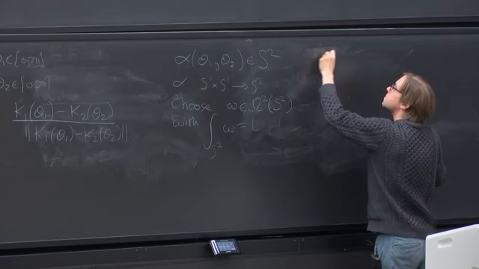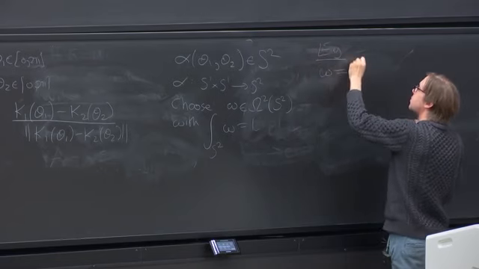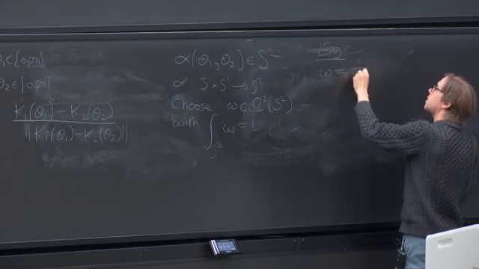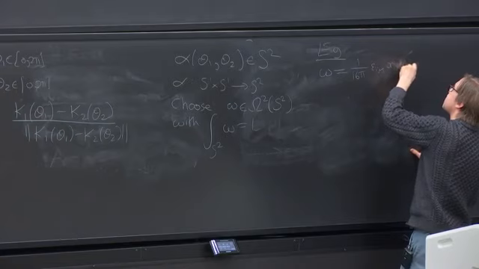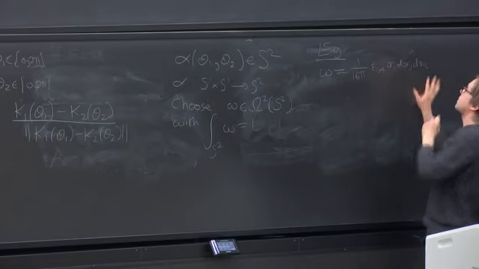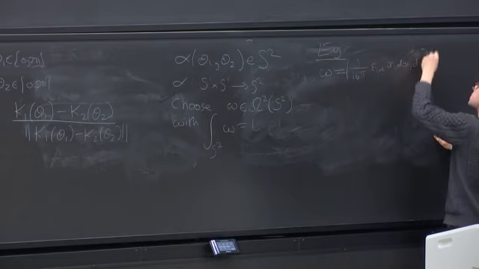So for example, if I get the normalization right, omega could be 1 over 16 pi epsilon i j k x i dx j dx k. So this expression is a 2 form on R3, and then I restrict it to the 2 sphere.